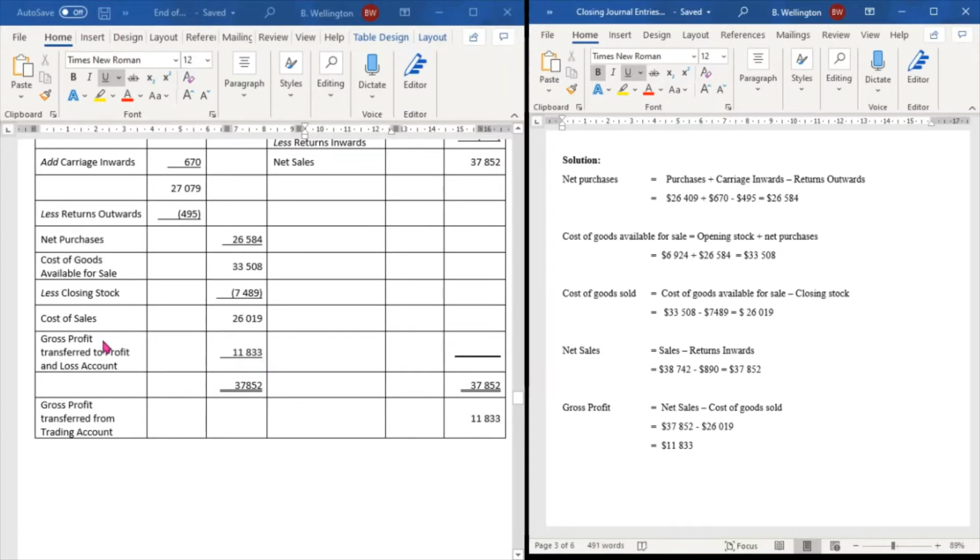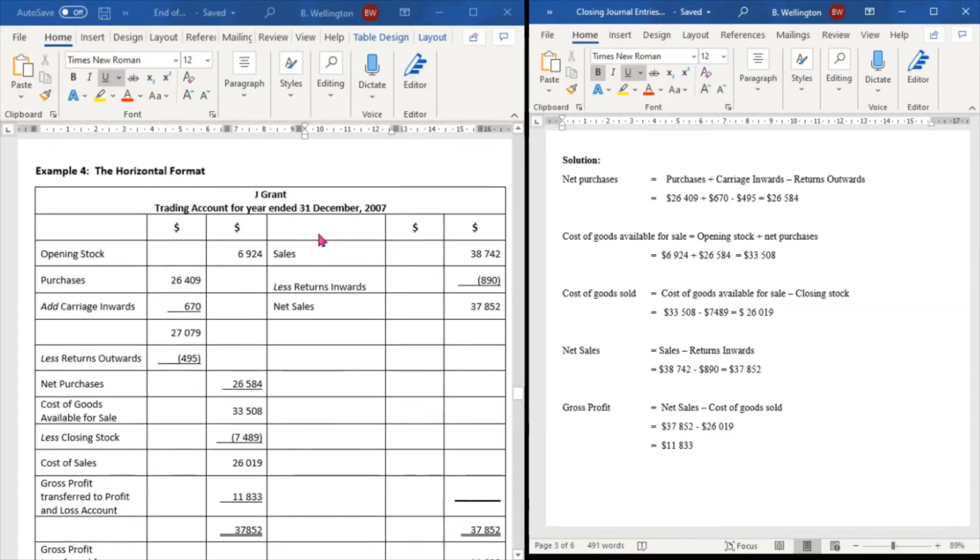That is not our balance carried down, but our gross profit that will be transferred to the profit and loss account. And what did we have when we did our calculations? Our net sales minus cost of sales equals gross profit. So you see how it corresponds with what we're showing in our trading account.